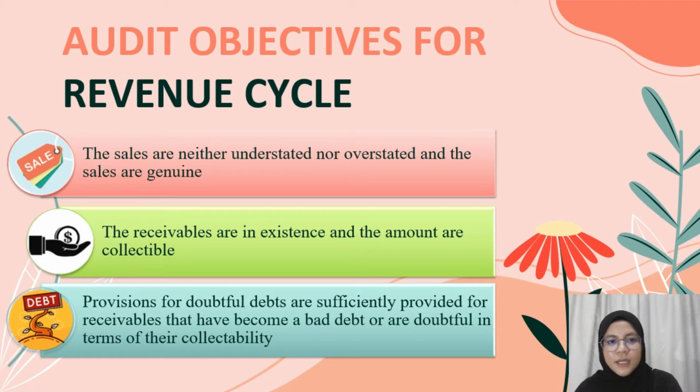The second audit objective for the revenue cycle is that the receivables exist and the amounts are collectible. This is because not all sales are in cash.